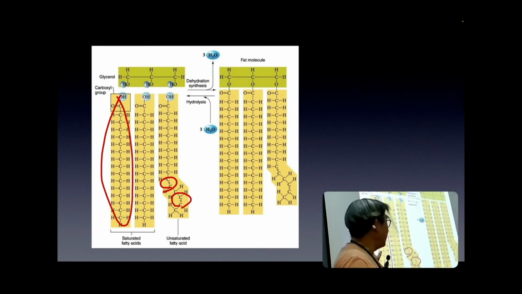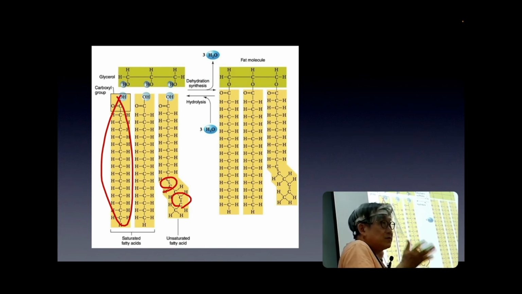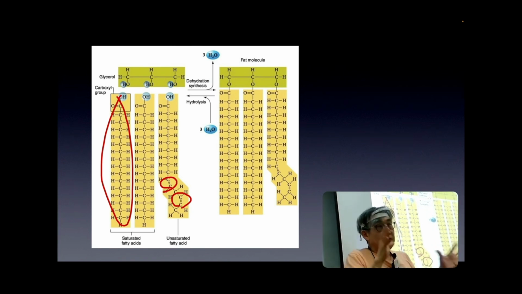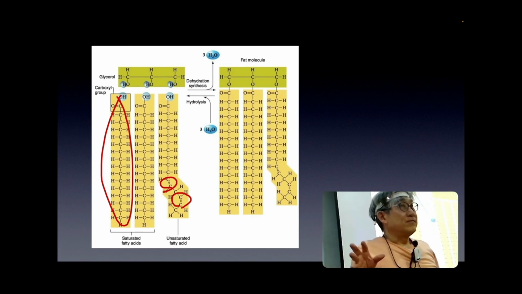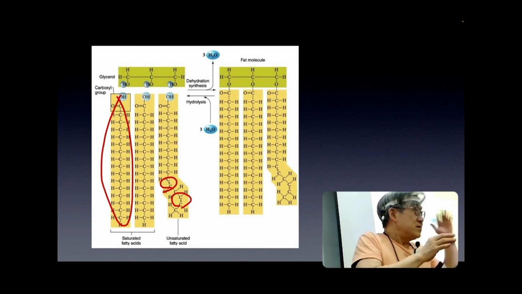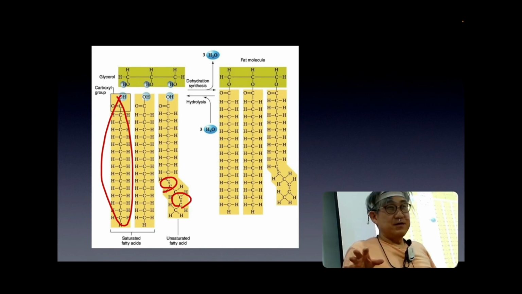And if you don't have any or have very few double bonds, then you behave basically as a fat. What's the difference between fat and oil? Their status at room temperature is the difference.